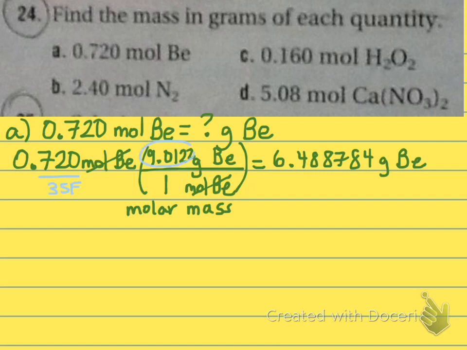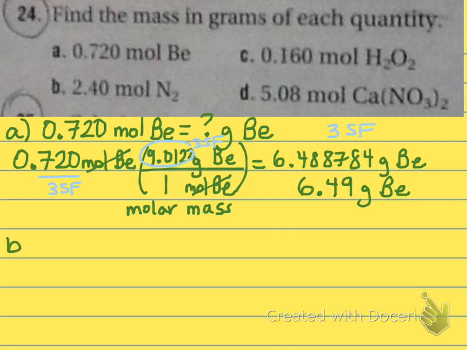I made sure here that I have at least 3 sig figs, so my answer should have 3 significant figures. So the correct way to report my answer would be 6.49 grams of beryllium. Again, as long as you're close, that's fine, right? If you have 6.50 or 6.48, that's close enough.